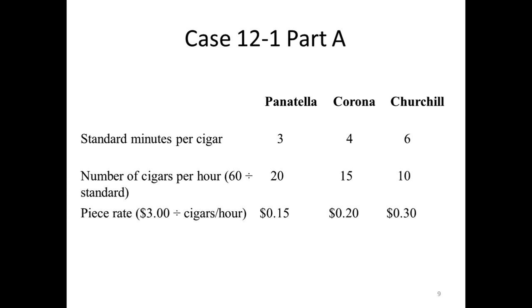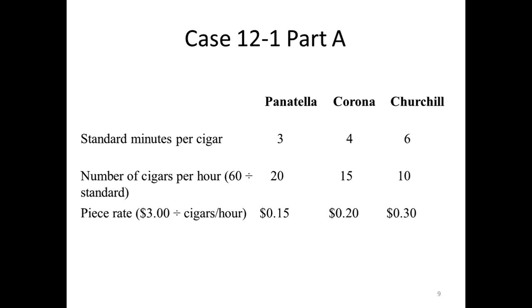Now, in case 12.1, which is a cigar-making joint venture between the Cuban government and Domingo Cigars of Spain, Domingo Cigars has actually offered the Cuban cigar rollers $3 an hour. They're normally paid $2.50 to work in government cigar factories, but they're paid on a piecework basis.